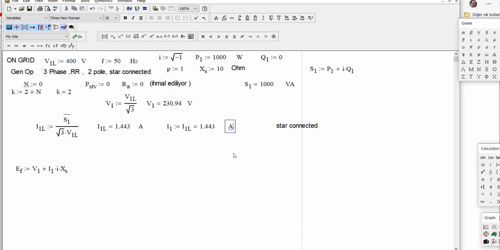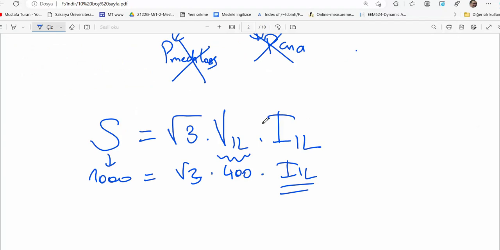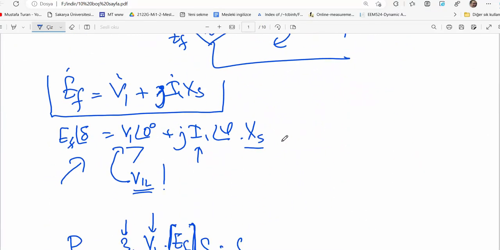Okay, we have checked it out. I1 is calculated, ladies and gentlemen. I1 is okay. And now we can substitute all this information here, but remember, all those parameters in that complex equation are phasors. So current has some phase angle. What is the phase angle?